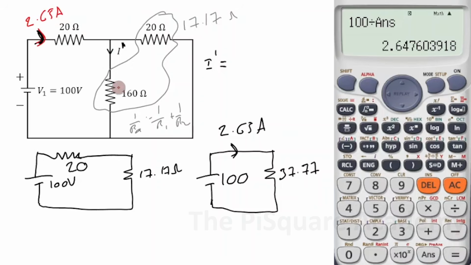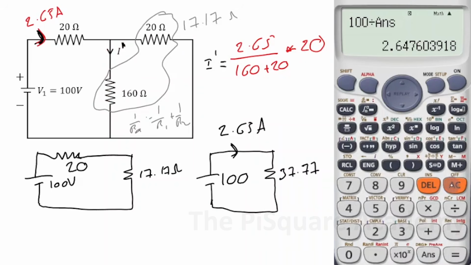This current now divides between these two. Can I apply the current division rule between these to find this current? Yes, I can, because these two are strictly in parallel. So I prime is equal to, using current division, total current 2.65 divided by the sum of the resistances, 160 plus 20, into, since I want this branch current, I multiply with 20.